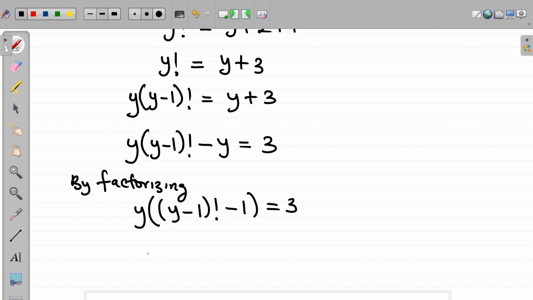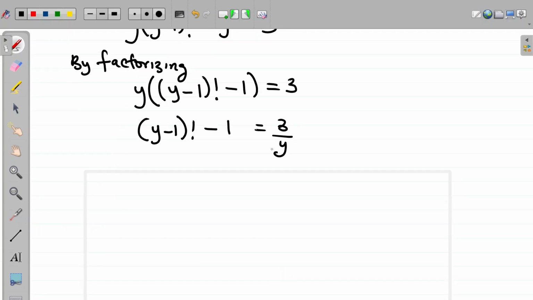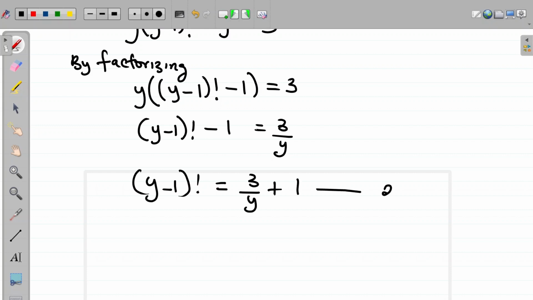If we divide both sides by y, we obtain that y minus 1 factorial minus 1 is equal to 3 divided by y. So therefore, y minus 1 factorial is equal to 3 divided by y plus 1. Let's call here equation 2.